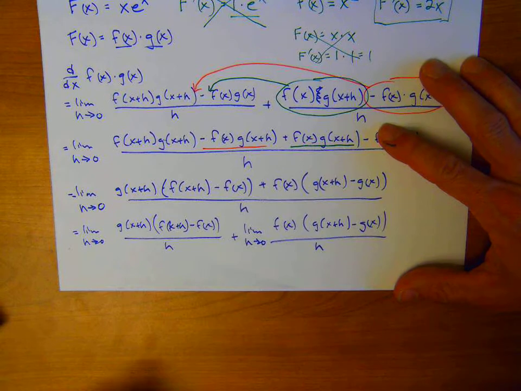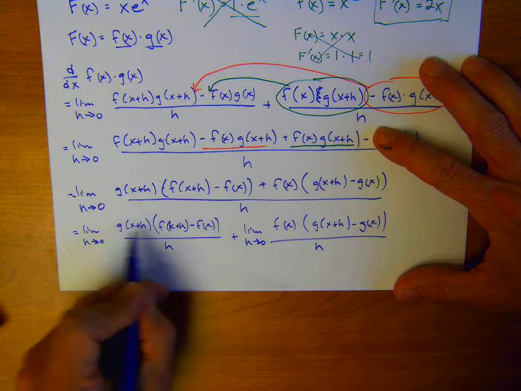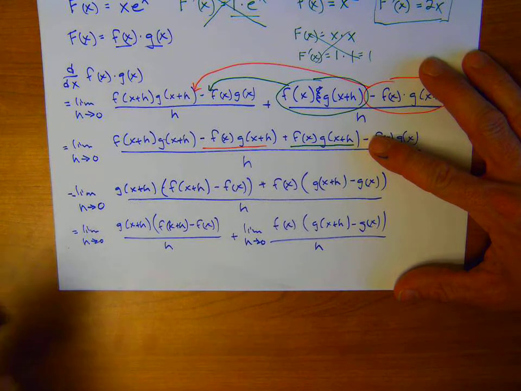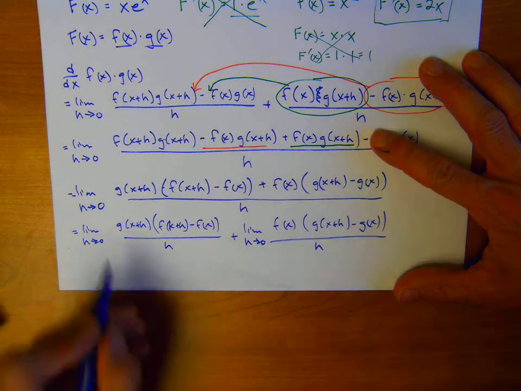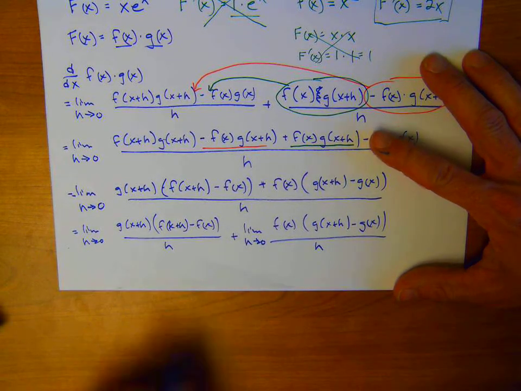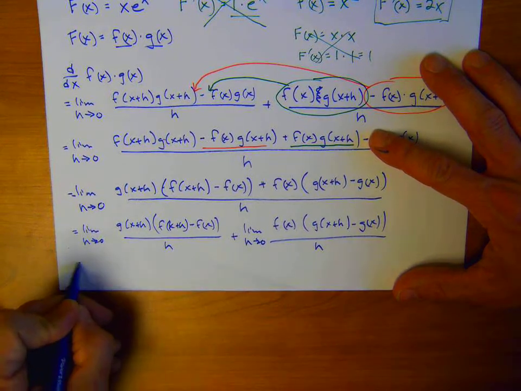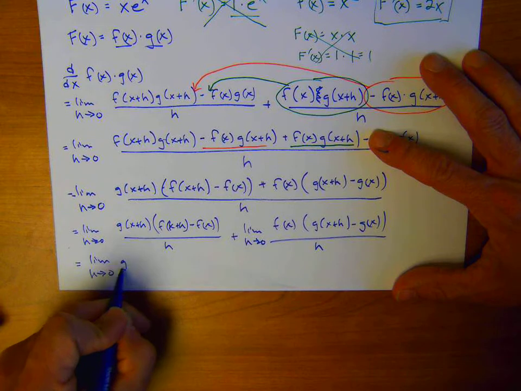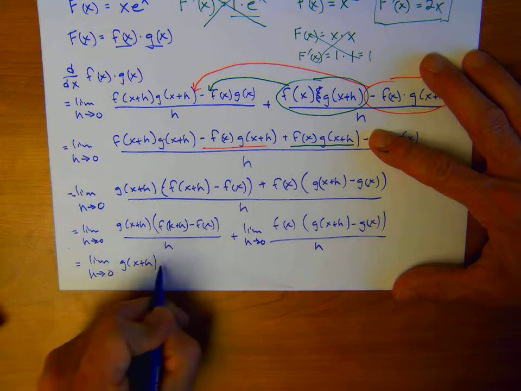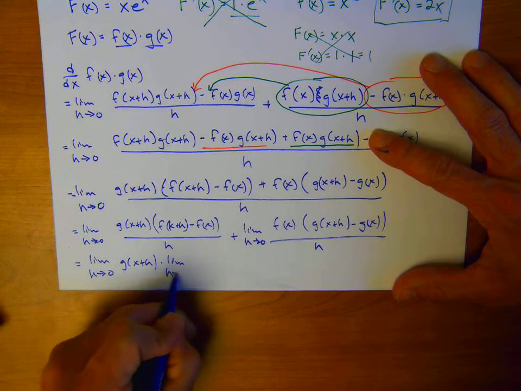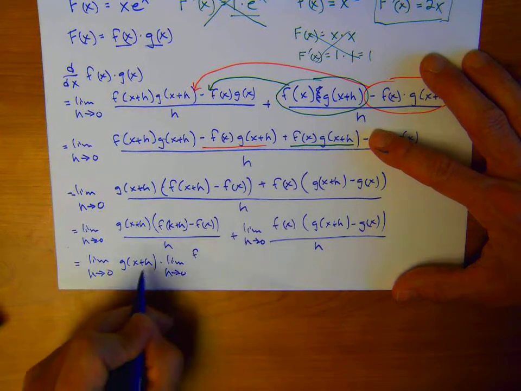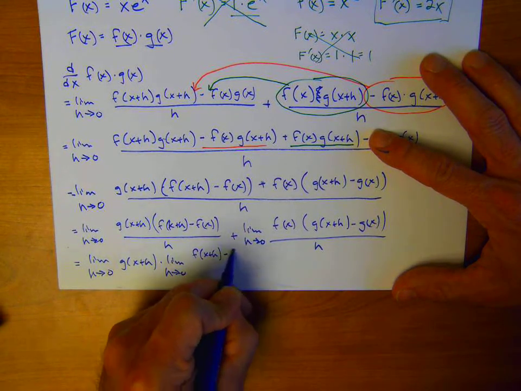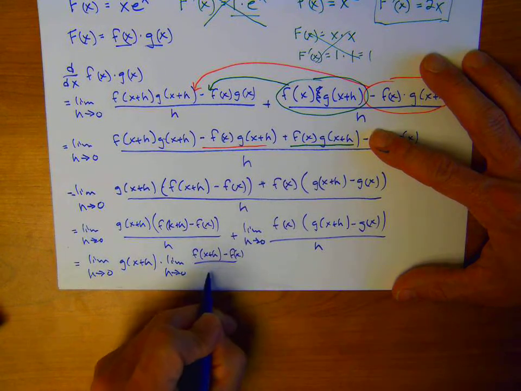Okay, can I squeeze one more down here? I think I can. So now the limit of a product is the product of limits, as long as those limits exist. And since g and f are both differentiable, therefore also continuous, we know that these individual limits exist. So I'm going to write this as the limit as h goes to 0 of g of x plus h times the limit as h goes to 0 of f of x plus h minus f of x over h.